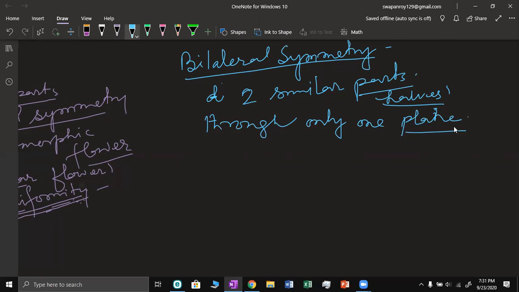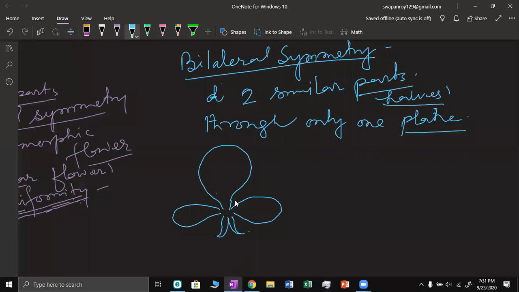Particularly in case of pea, if you see the flower of pea, one of the petals is very big, two lateral petals are of medium size, and the anterior two petals are very small.